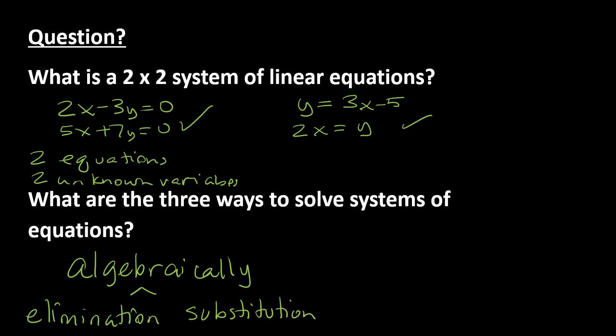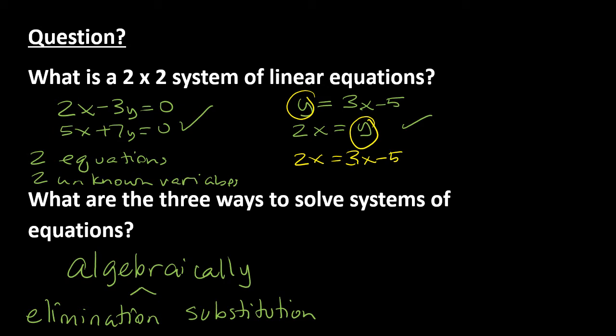If I was looking at the two equations up top, the left one I would solve by elimination. I would either eliminate x or eliminate y. And the right one I would solve by substitution, because if you look here, you have a y here and a y here. So I would take out one of my y's and put in 2x, and ultimately our goal is to get rid of one variable, so we have a one variable equation.